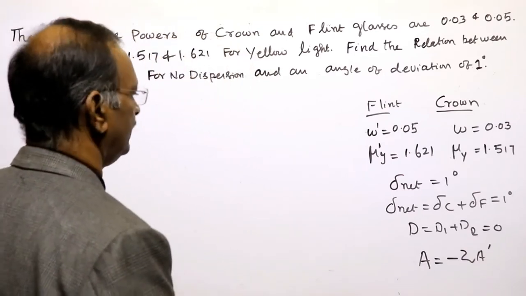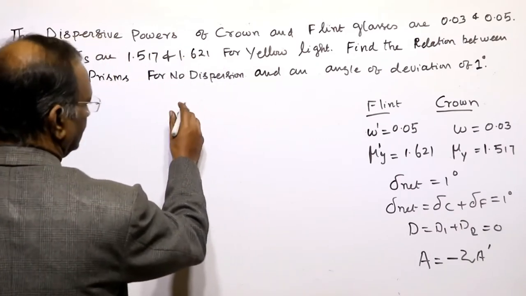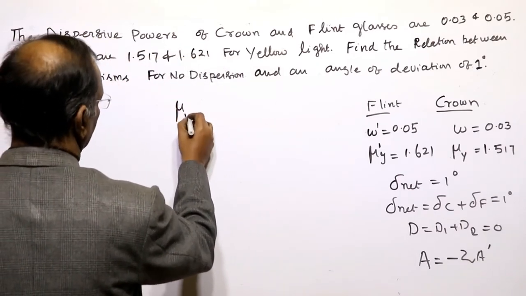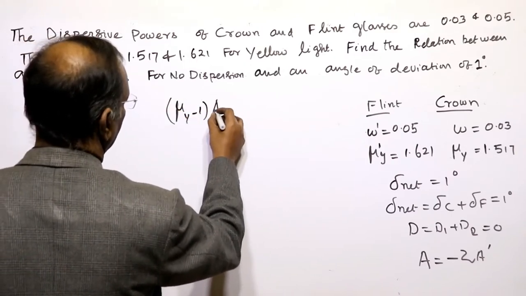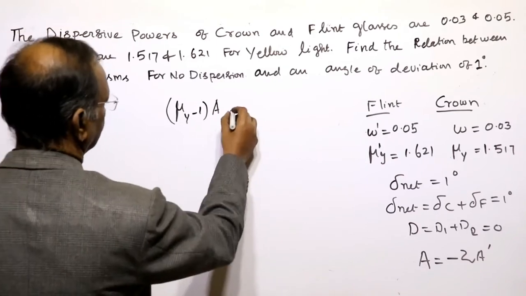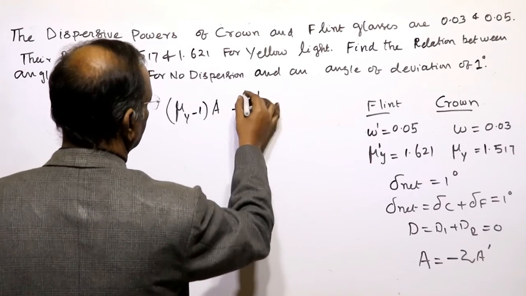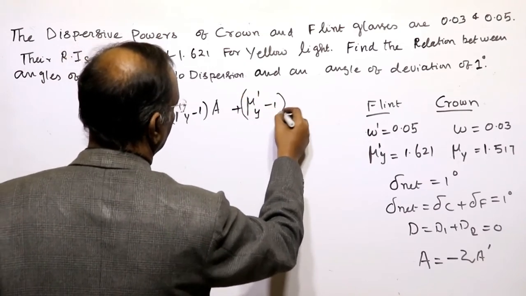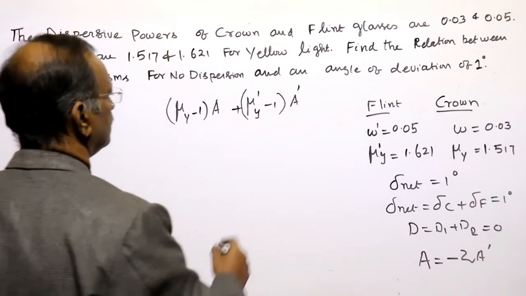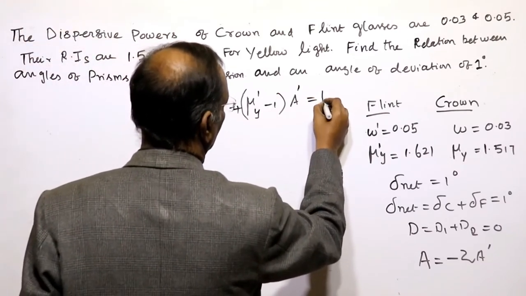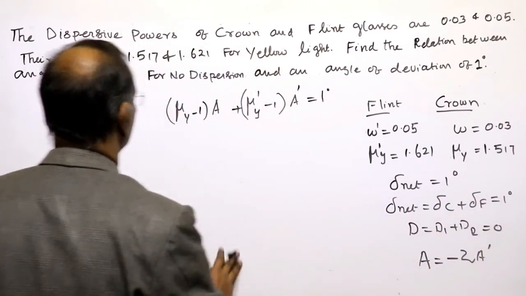Net deviation is (μy minus 1) into the angle for crown glass, plus (μy dash minus 1) into the angle for flint glass, equal to 1 degree.